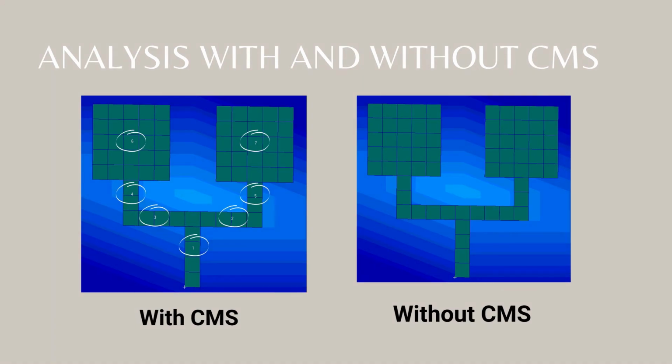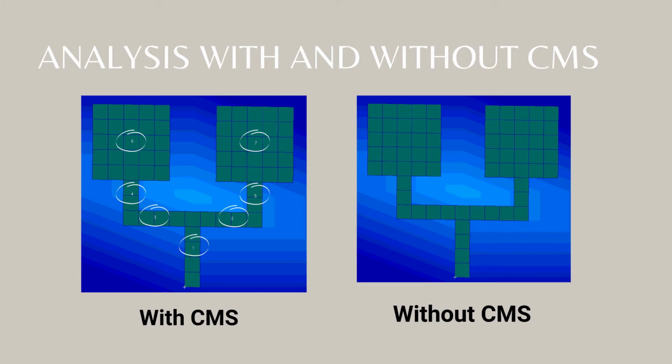We analyze the system with the component mode synthesis method and without the component mode synthesis method. What is the difference between analyzing the system with and without component mode synthesis?